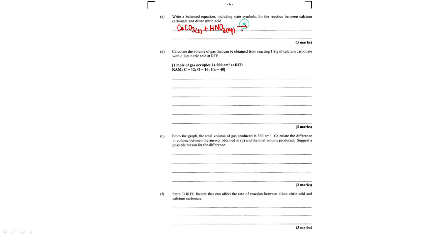Then, whenever you have a carbonate reacting with an acid, you're always going to have carbon dioxide being given off, which will be the gas, and then you're going to have some water, and of course you're going to have the salt, which is calcium nitrate.